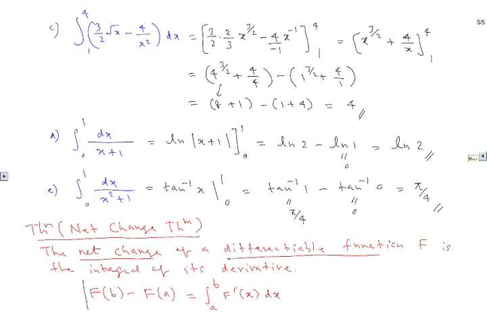You integrate the rate, then you get the net change. For example, if you know the velocity, you can find the displacement. That's a good example.